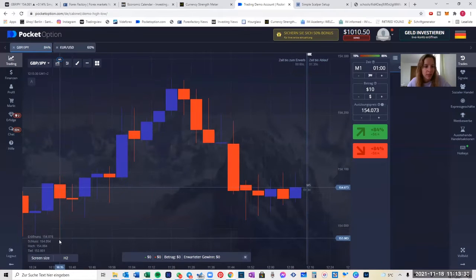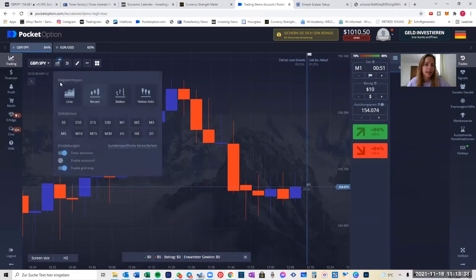It was a really pretty easy setting, but I don't know where it is anymore. Here. Okay. Here, client specific candle colors. You go here and you can set up your chart, which is always on the 5 minute.